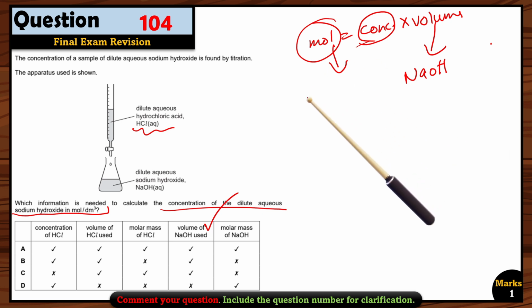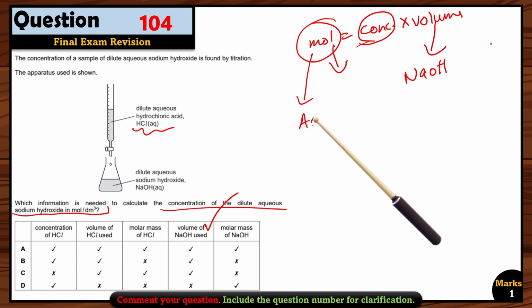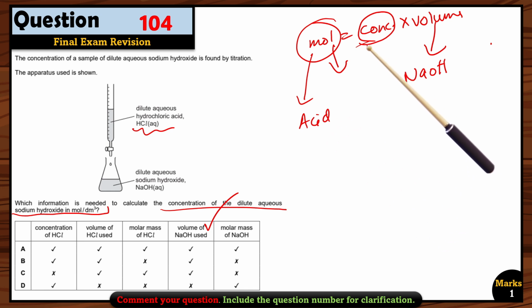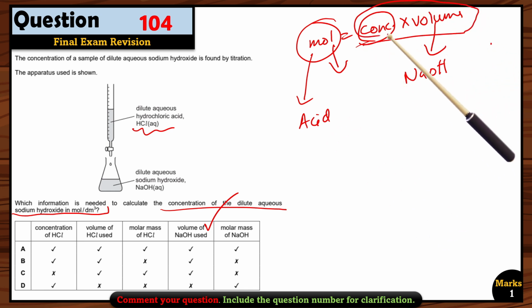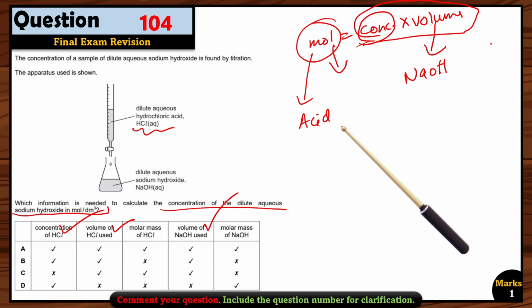To find the moles of the acid, I should also know the concentration and volume of the acid. Once I know them, I can find the moles of the acid, and from the reaction I will get the moles of the NaOH.